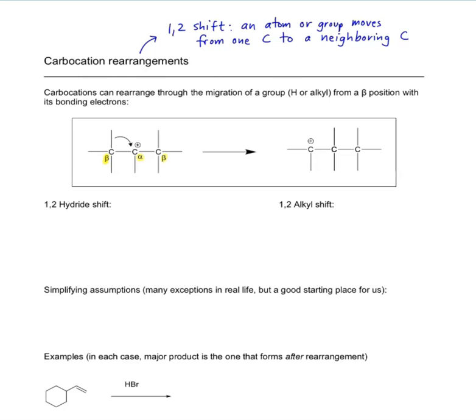So what happens, let's put a Z at the end of this bond right here, is that a group, and that could be an alkyl group, or it could just be a hydrogen atom, migrates from a beta position with the bonding electrons. So these electrons are going to move over from the beta carbon toward the alpha carbon.